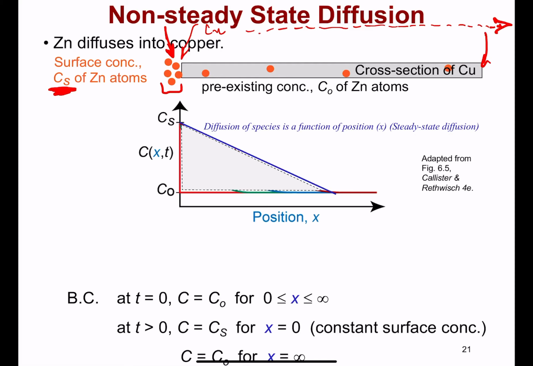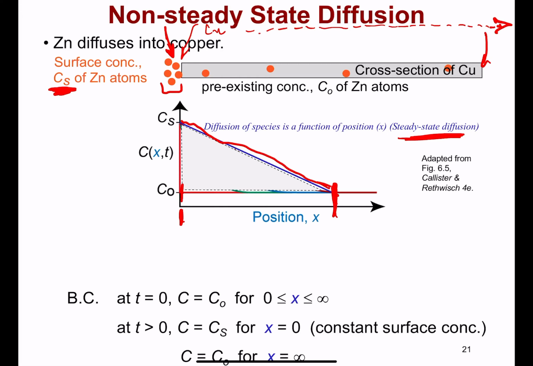Okay, so reminding ourselves of the steady state diffusion that we've looked at, we saw that the position x between, say, the boundaries of the material, is going from x equals 0, that might be the surface of the penny, through to perhaps the end of the penny, shown here. And we saw that the concentration gradient was linear when we had a steady state diffusion.